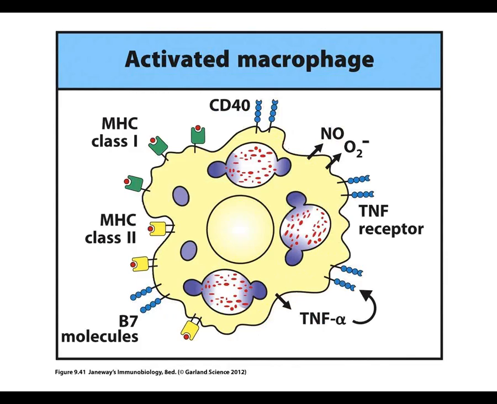So an activated macrophage upregulates its whole killing process. So remember we talked about the phagocyte oxidase where it's undergoing an oxidative burst. So this whole process gets upregulated and makes this macrophage more efficient at eating and killing what it needs to kill off.